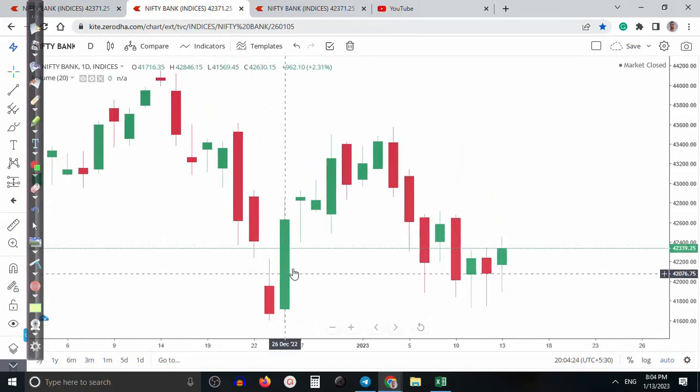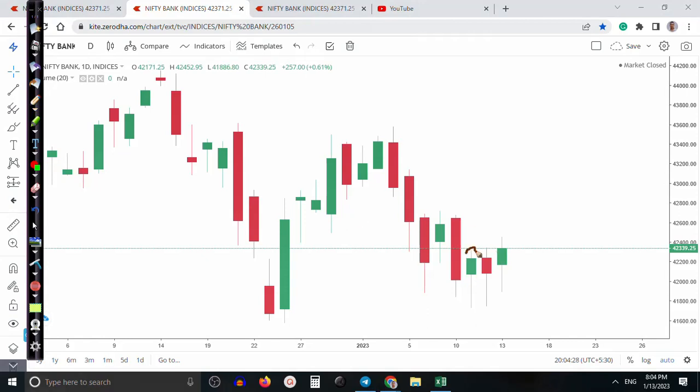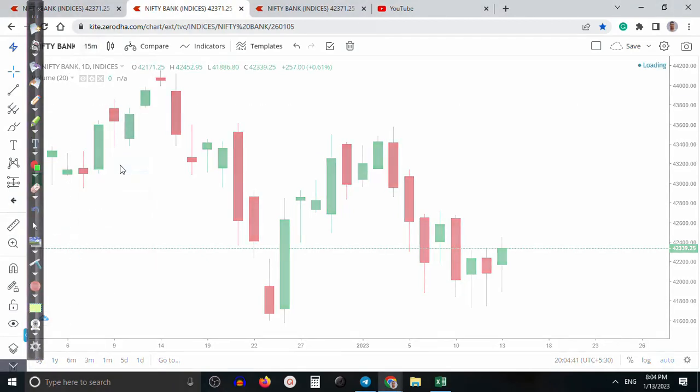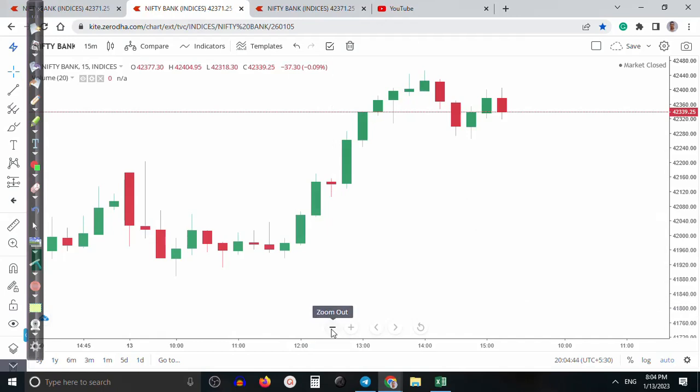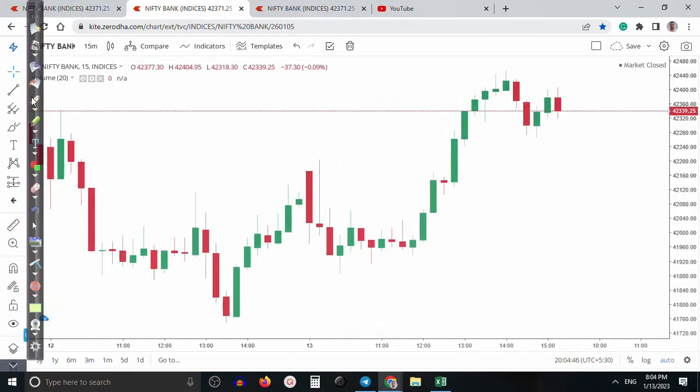This one is the daily time frame. According to the price action method, price is creating new higher high and higher low, so that is why we were looking for buy. Let me show you here in the 15-minute time frame. Price opened a little bit gap up, again from a bearish candle, next again from a bearish candle.